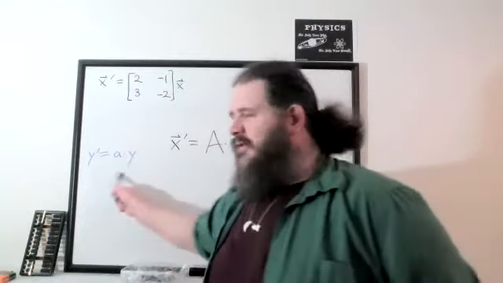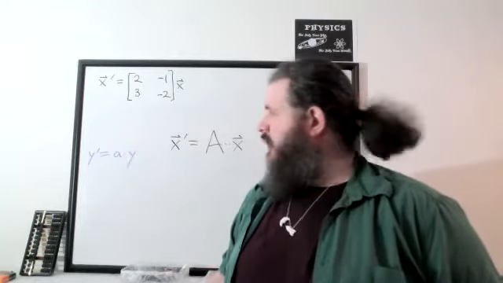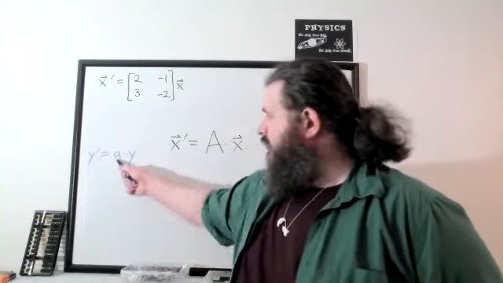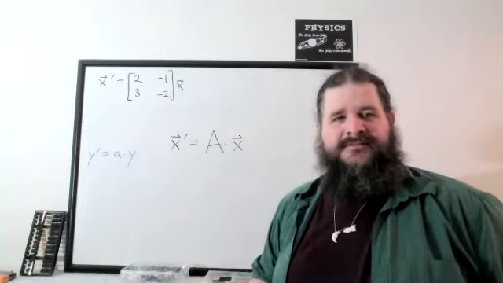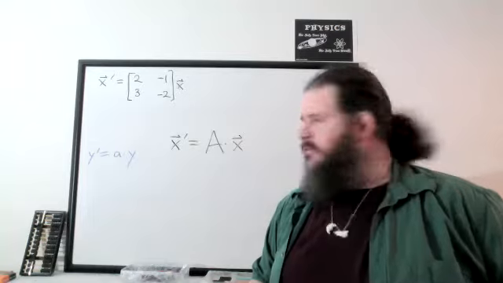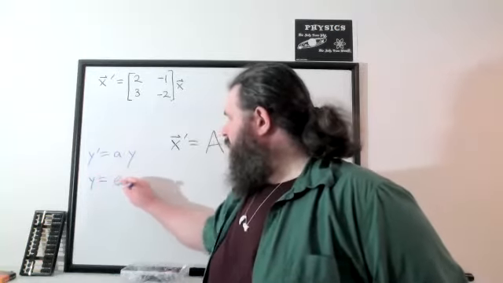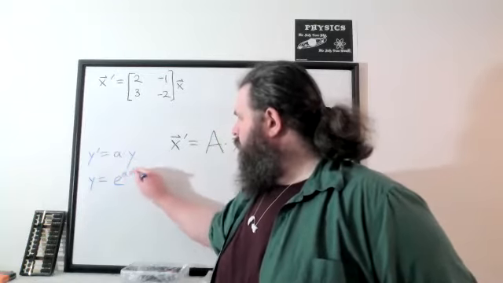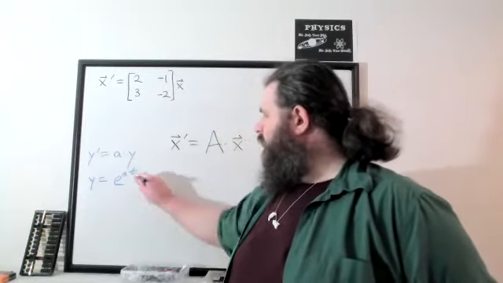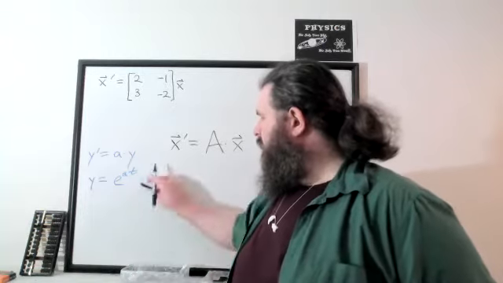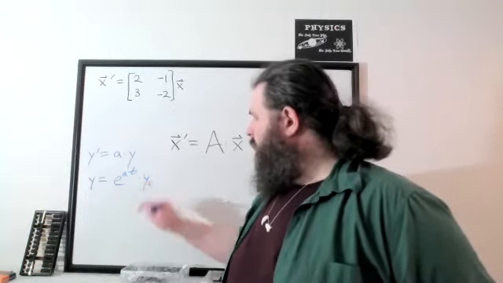If this is just a scalar equation, what's a function you already know whose derivative is just a constant times the function itself? Exponential. Right, an exponential function. Specifically, y equals e to the at, and also times a constant, which works out to be y sub 0.